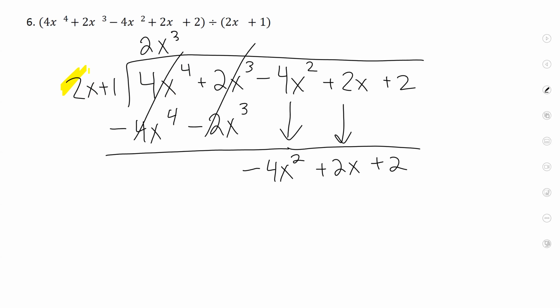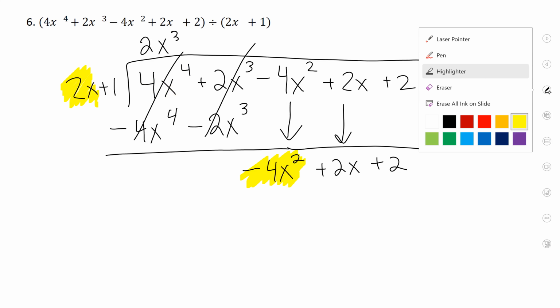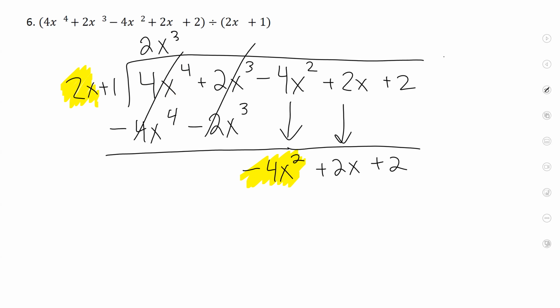Okay, 2x times what will give you negative 4x squared? Yep, I need it to be negative 2x. Yes, good. So 2x times negative 2x is negative 4x squared. 1 times negative 2x is negative 2x.